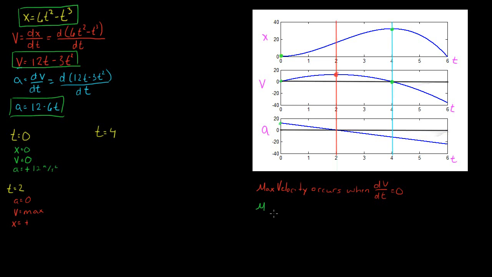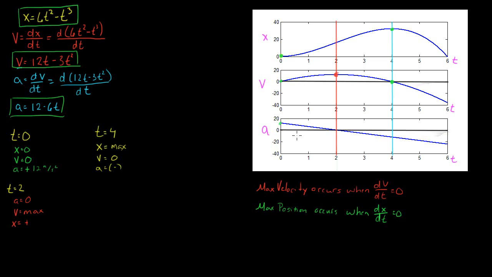So our max position, our displacement, occurs when its velocity, when its derivative, so when the dx/dt is equal to 0. And we see that right here. When the velocity crosses 0, our displacement is at a maximum. So at time equal to 4, x is at a max, velocity is equal to 0, and our acceleration is equal to some negative number.